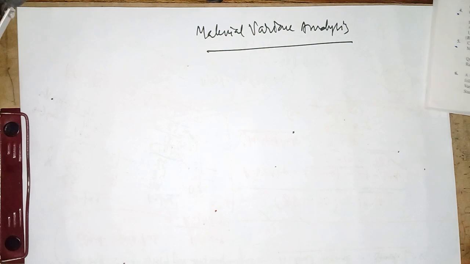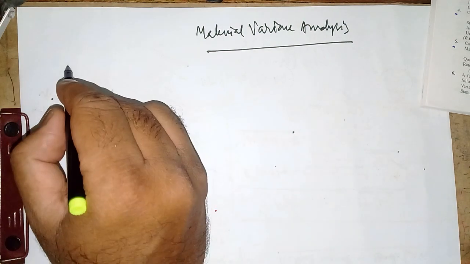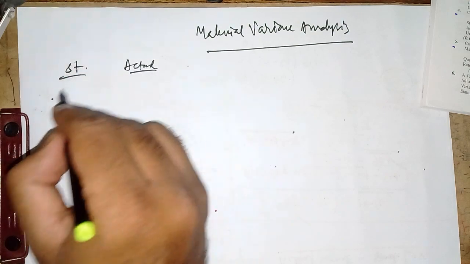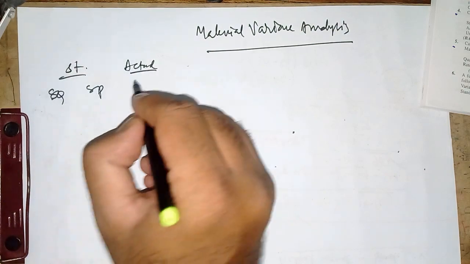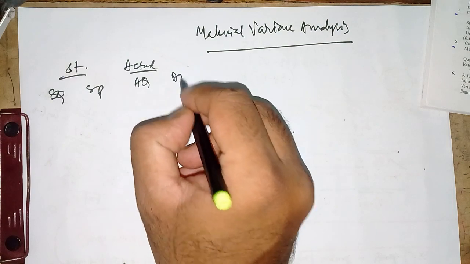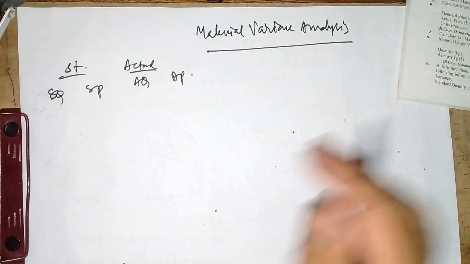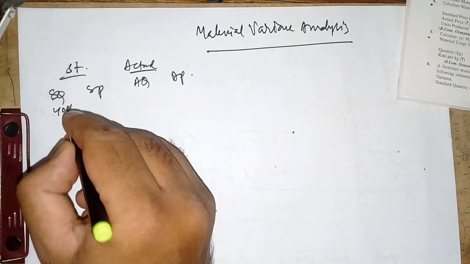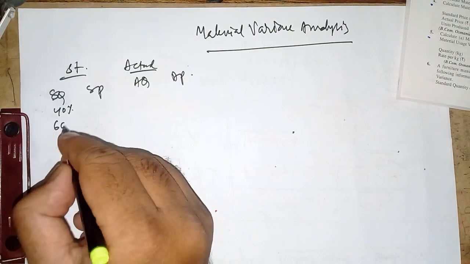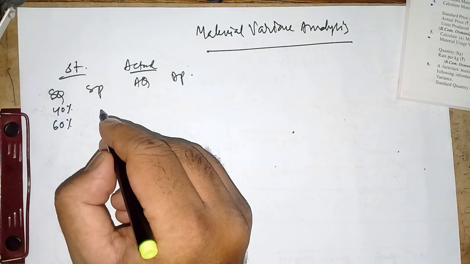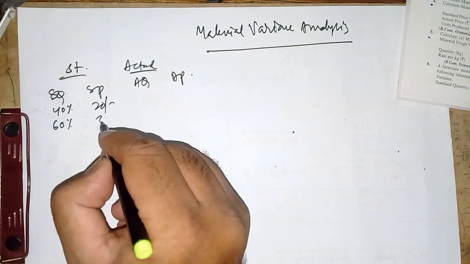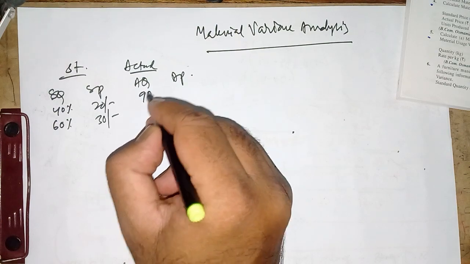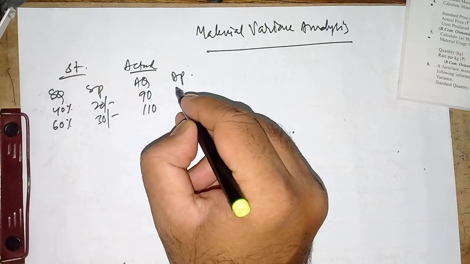I'll proceed very fast. So already we have done that: standard and actual, SQ, SP, AQ, AP, right? So we have given standard 40% and 60%, and the prices are 20 and 30, and the actual consumption we have is 90 and 110.